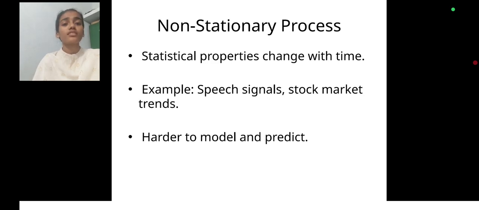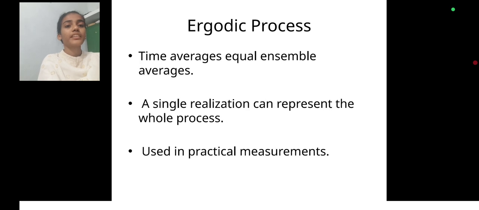Non-stationary processes: statistical properties change with time. Examples are speech signals and stock market trends. They are harder to model and predict.